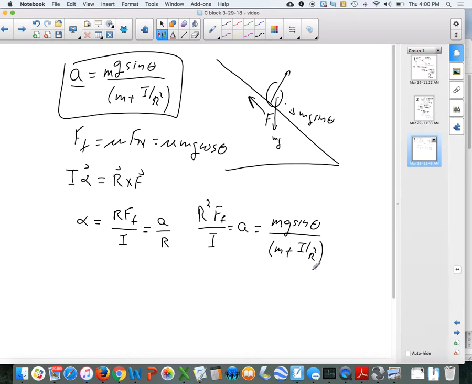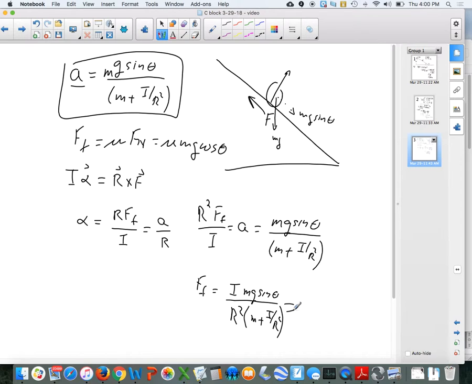I can solve for force of friction is equal to I mg sine theta over r squared times m plus I over r squared. And then with a little bit of effort, I can write this as follows.